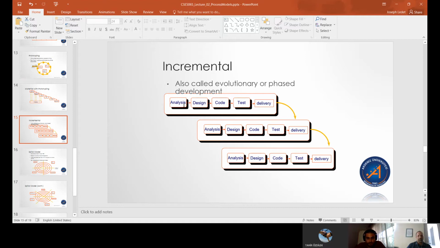While we are doing requirements analysis of the first phase, and then while we're designing the solution for this portion of our software, we can be moving on into analysis for a different portion. Then this portion moves into code, this portion moves into design, and this portion starts being analyzed. And so we are able to flow together.